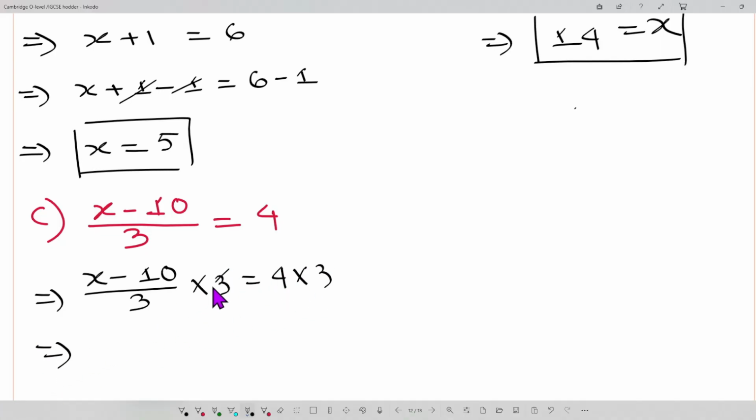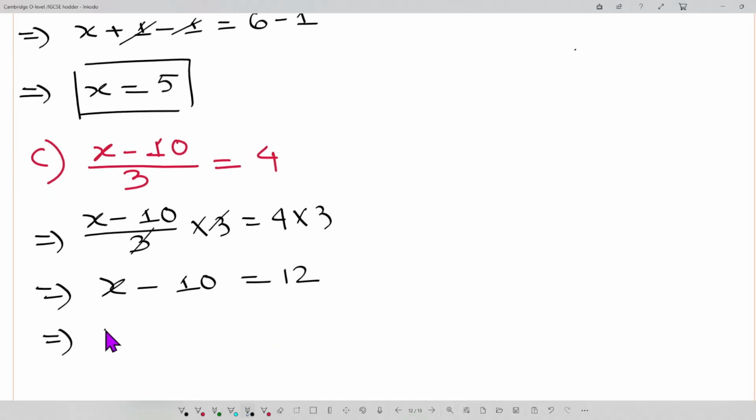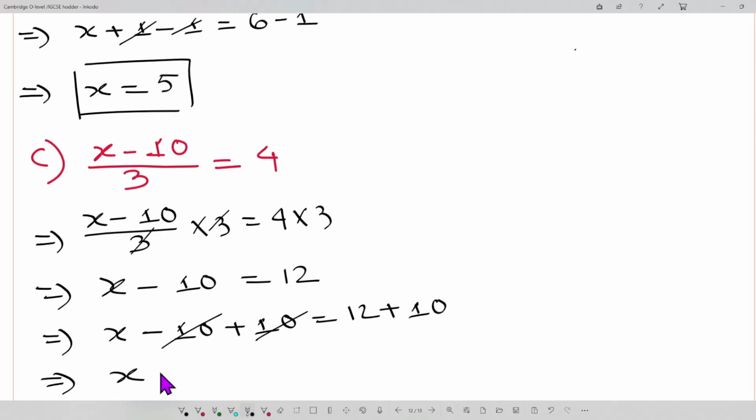Then these 3s cancel out, so we can write x minus 10 equals 4 times 3, which is 12. Now x minus 10 plus 10 equals 12 plus 10. This 10 cancels out, our answer is x equals 12 plus 10, 22.